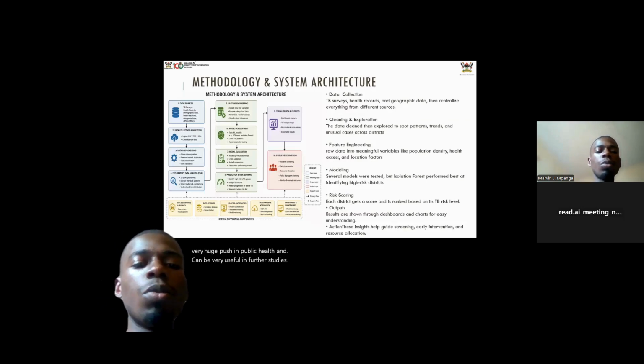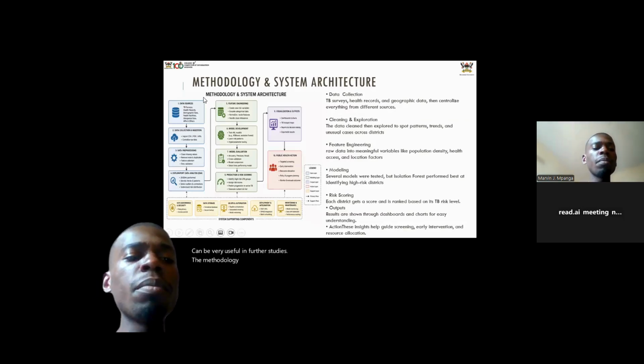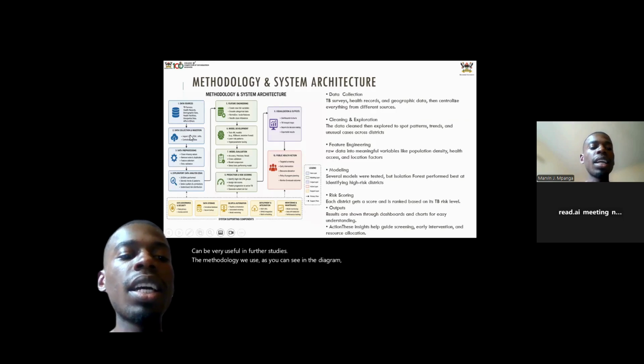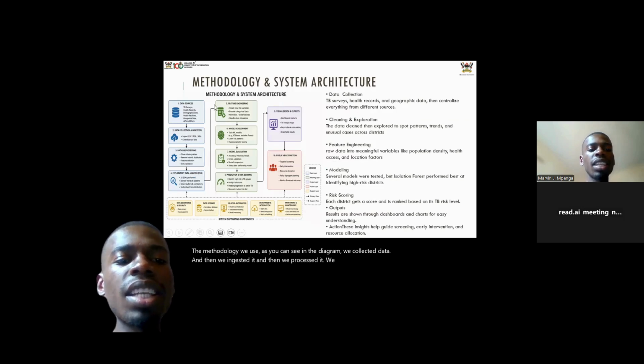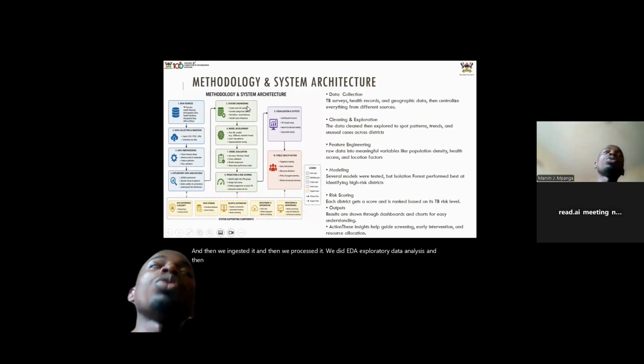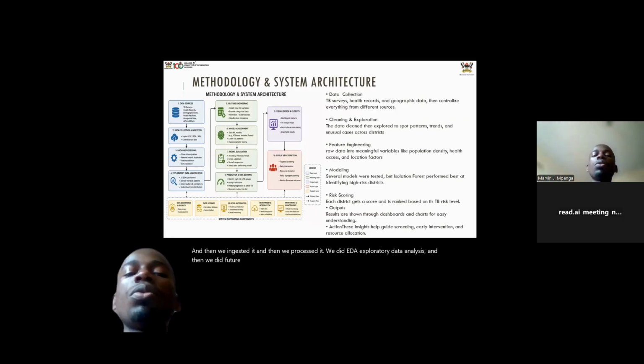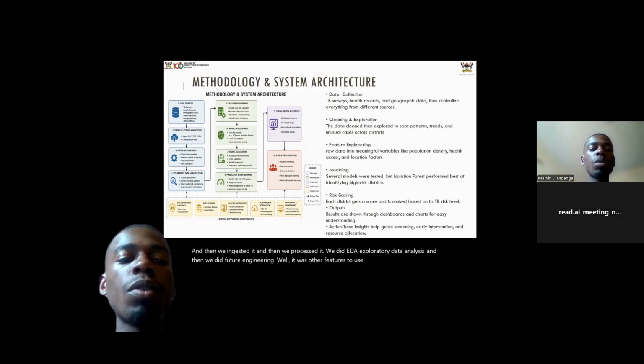For the methodology we used, as you can see in the diagram, we collected data and then ingested it, then processed it. We did EDA, exploratory data analysis, and then feature engineering, which was choosing the features to use to train the model, and then we developed the model.